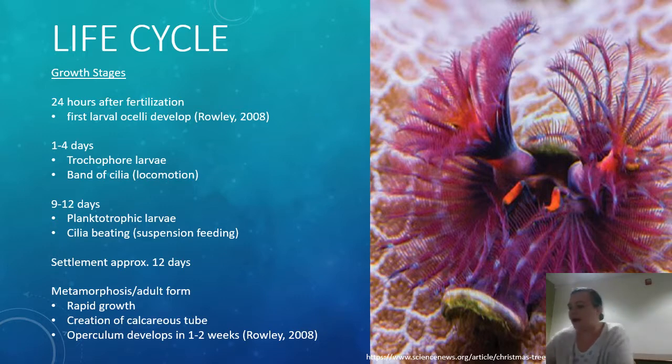It's described by Smith, 1984, A and B. It's used for light responses until the branchial photoreceptors are more developed after settlement. Within 1 to 4 days, it's considered a trochophore larvae. It has a band of cilia that is used for locomotion. This band or ring of cilia moves in opposing directions, and it's used for movement or swimming.